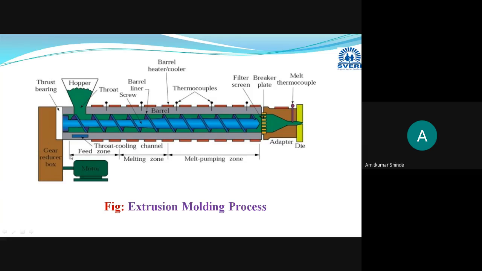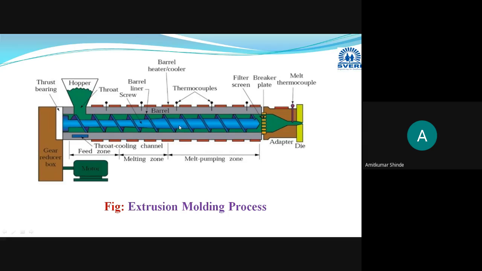Now they have shown that the cylinder is divided into three areas. The feed zone, then after this the melting process will start. This is the melting zone, and that paste will be transformed at the end. This is the melt pumping zone.